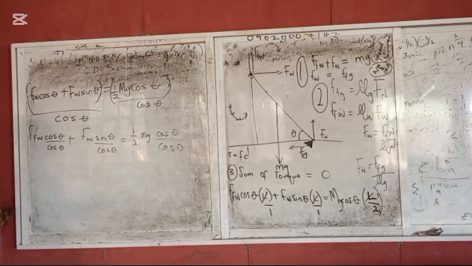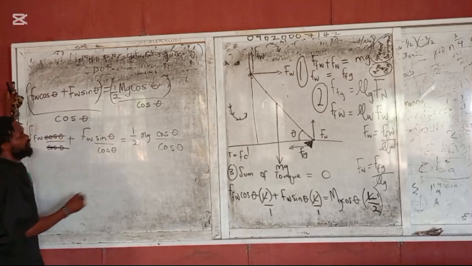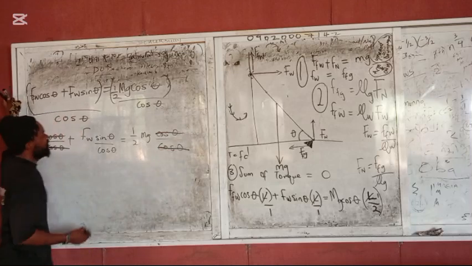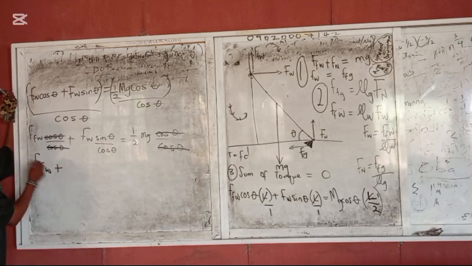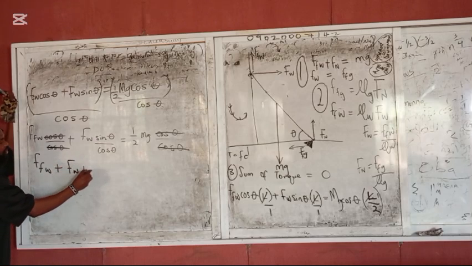I will not be wrong because I'm doing it to both sides. So I will now have this get out, this get out. So I'm now having FFW, frictional force of the wall, plus FW tan theta. Should be?